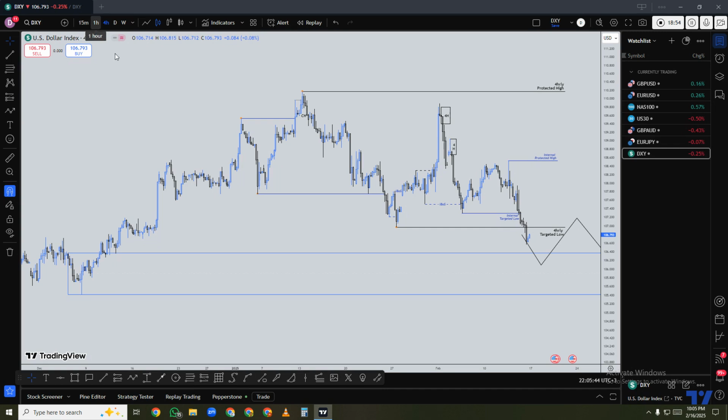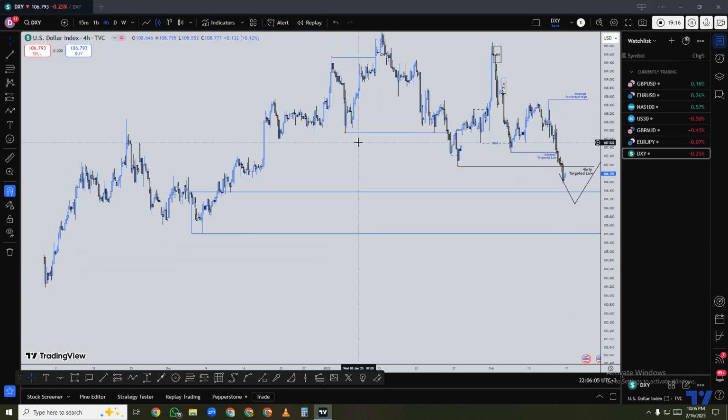Now the 1 hour is just to refine my zones. On the 1 hour, I don't do analysis. I do my analysis mostly on the daily, the 4 hours, and the 15 minutes. Mainly on the daily and on the 4 hours, and the 15 minutes is just for entry.